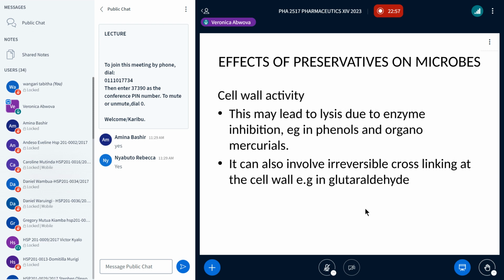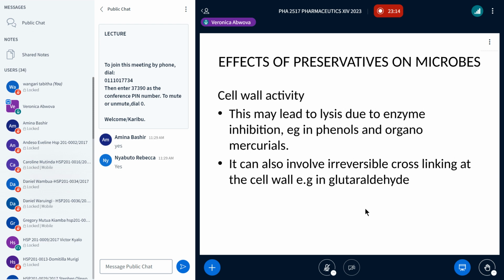So what are the effects of preservatives on microbes? We've talked about where these preservatives will function, which part of the cell their modes of action target.